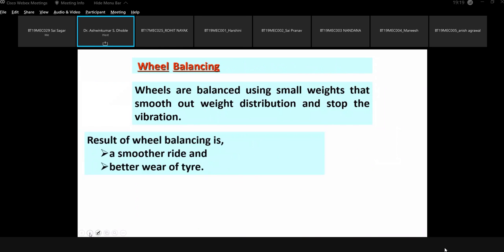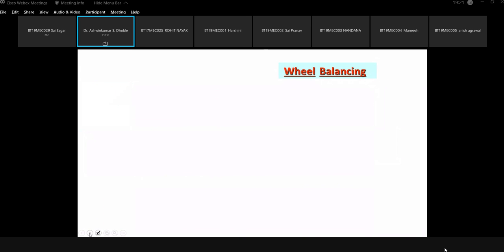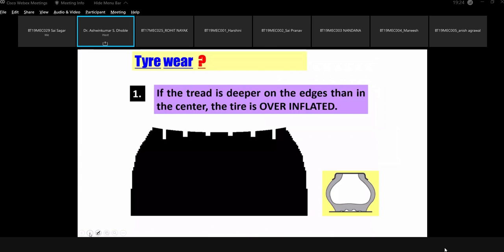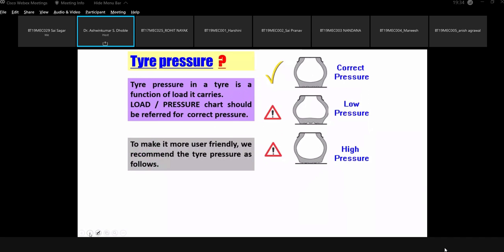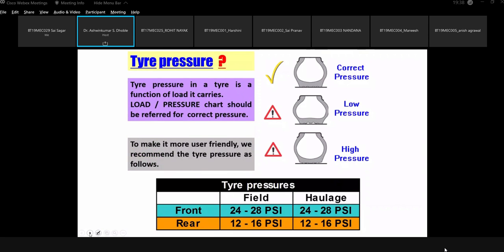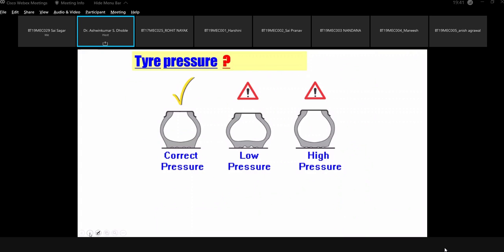Then after that, we have seen the tire wear pattern. So what it indicates, if there is a typical tire wear pattern, then what it indicates, that we have seen. Then I asked you the question whether the inflation of the tire is to be kept lesser in the summer days due to heat, air expands and all.